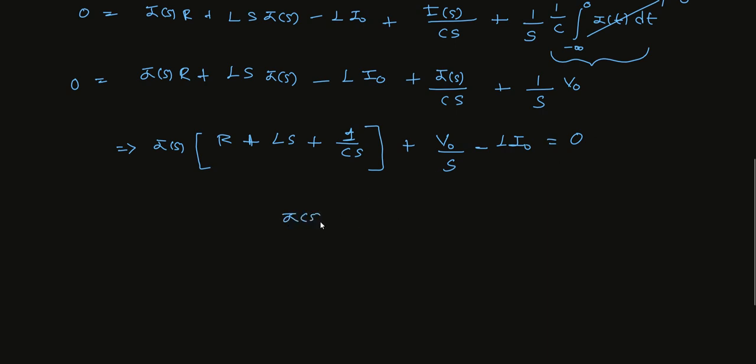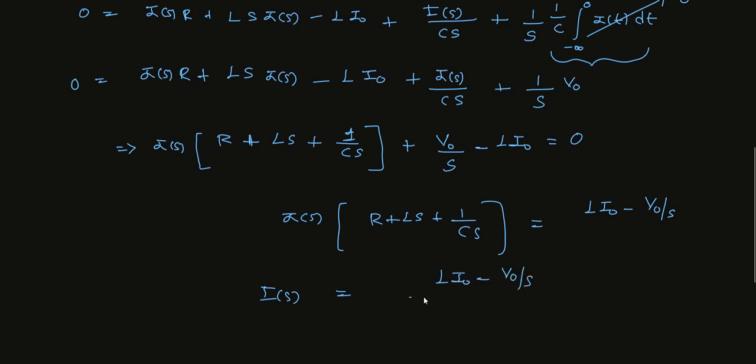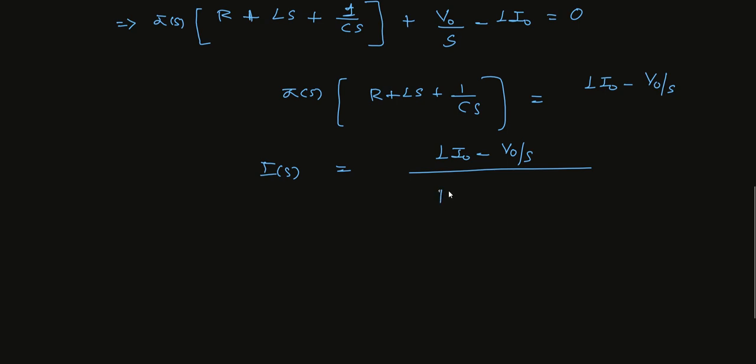I of s into R plus Ls plus 1 by Cs is equal to L into I naught minus V naught by S. So from this, I of s is equal to L into I naught minus V naught by S divided by this whole thing, R plus Ls plus 1 by Cs. Okay, so this comes out to be L into I naught minus V naught by S.